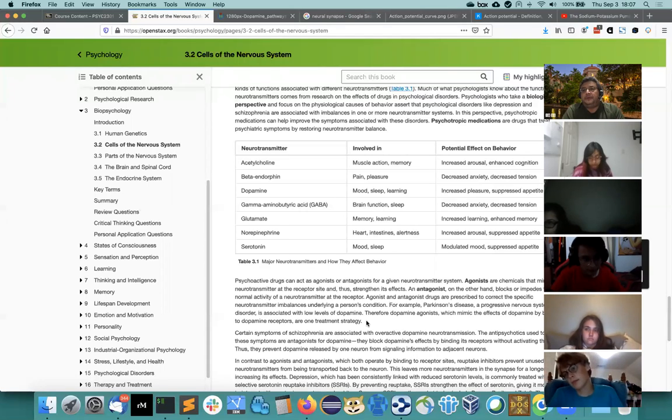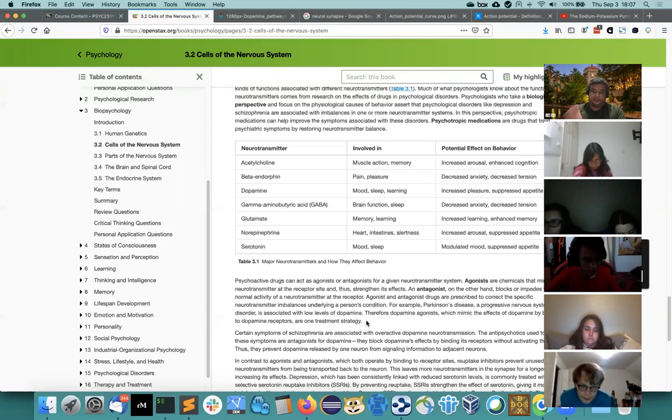Some of you, if you've ever heard of some of the drugs for depression, have you ever heard of Prozac? Or Paxil? These are drugs that are prescribed for depression and anxiety nowadays. What they do is they activate serotonin.